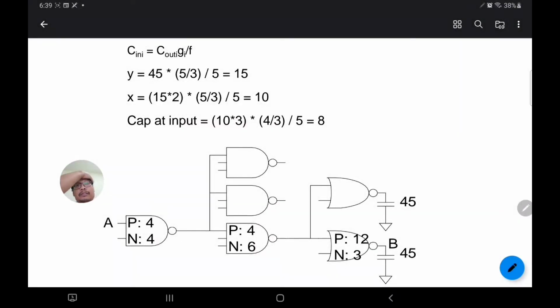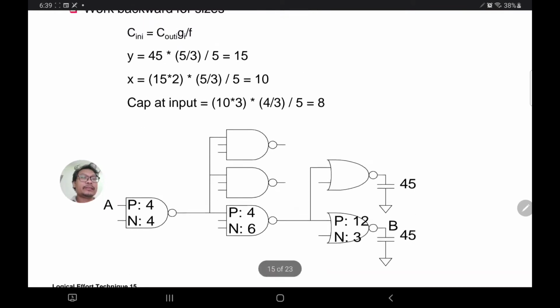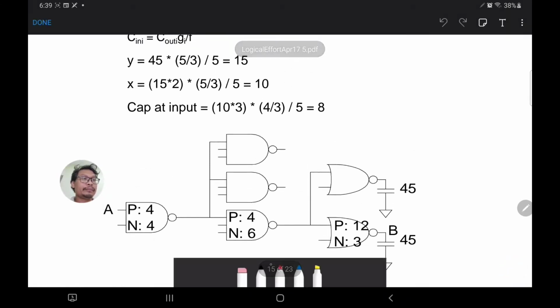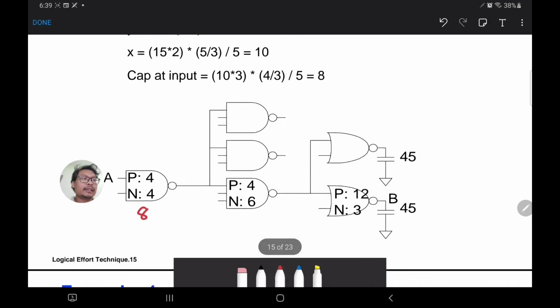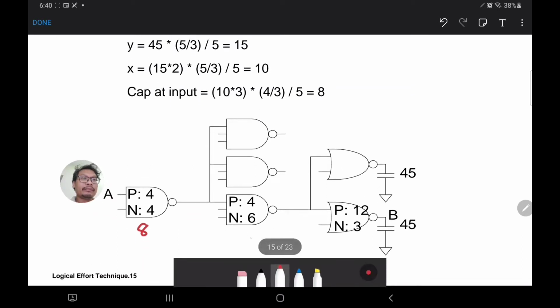Let's continue with this. We obtained the optimum size for each one. In the initial one, the size equals 8, given to you. Then for the second one, the size equals 10, and here we have size 15.